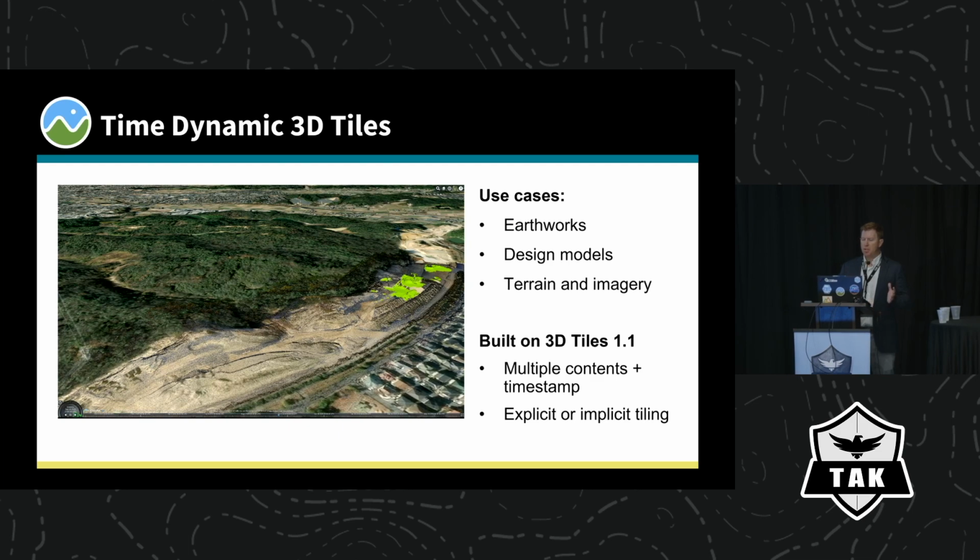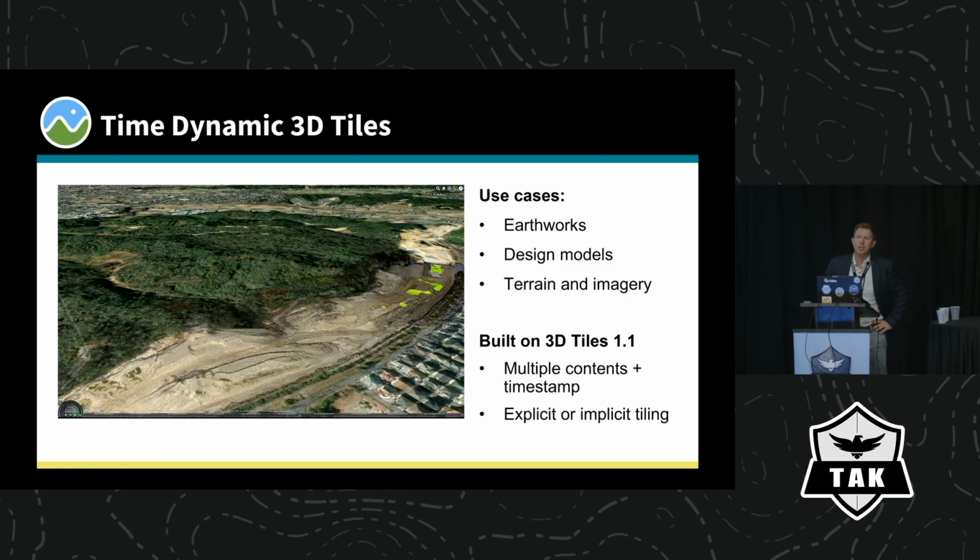And then one of the things I'm super excited about is the time dynamic 3D tiles. So this is something that is in the works now. Imagine you have an existing 3D tiles data set for your area of interest. You then fly a drone or you capture new data. Rather than having to have a complete copy of the entire area of interest for your newer data set, time dynamic 3D tiles allows you to just visualize and store what has changed.